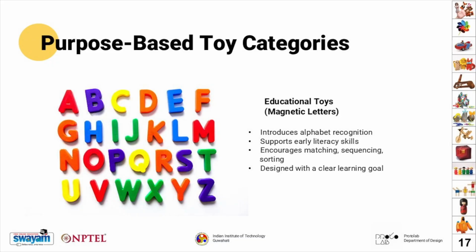For example, these magnetic letters are educational because they are designed with a very clear learning purpose: to help children recognize, arrange, and play with alphabet forms. Their bright colors and chunky shapes make each letter easy to identify and grasp. The magnetic backing provides instant success feedback.